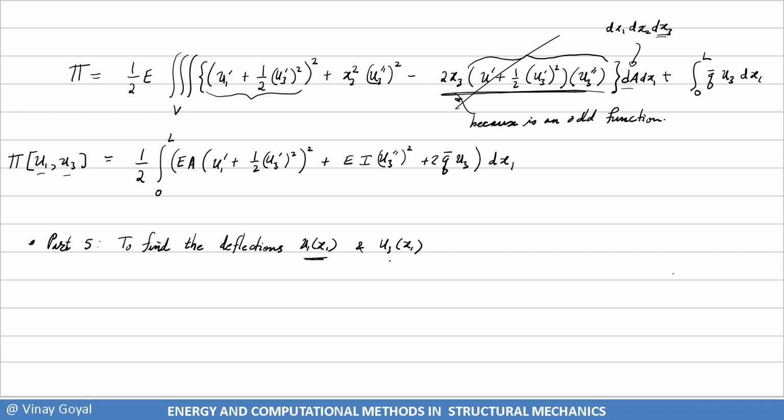U1 is the actual deflection, u3 is how much it deflects up and down in the x3 direction. So it's exciting because we want to find the deflections u1 and u3 that minimize the total potential energy.